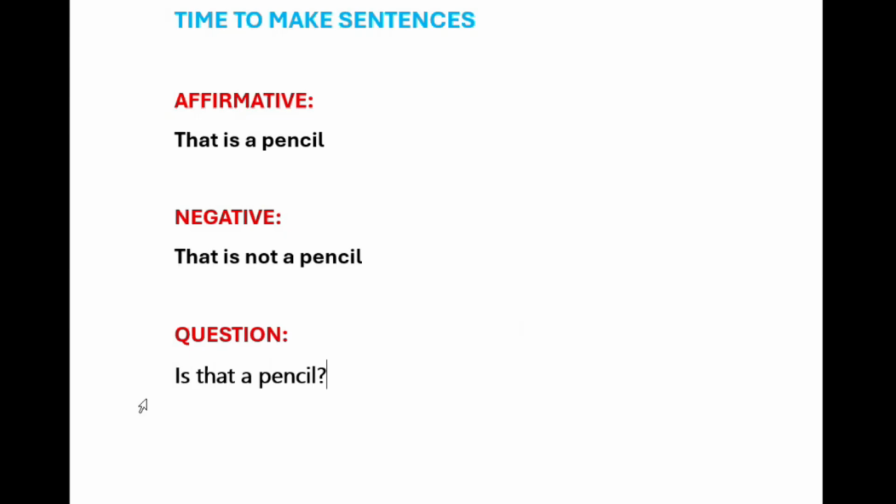And remember the interrogation symbol. Yes, it is. No, it is not. Oh, that's amazing, right? I'm trying to help you in a very easy way. No complications in English. Remember, that is the key.